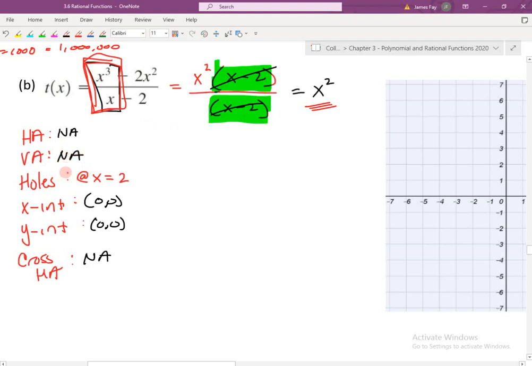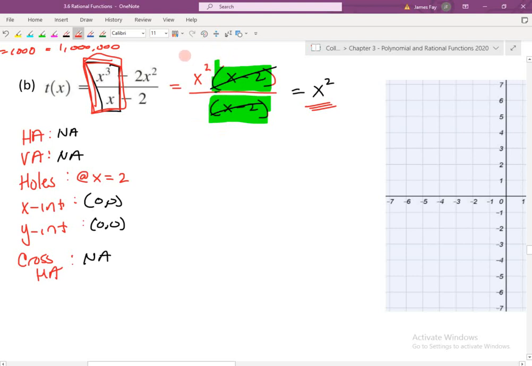We thought we would have a vertical asymptote at 2, right? But because there was cancellation, the hole overrides that. And that's because of the way we evaluate what's left over when we cancel and we evaluate close to 2. We don't shoot off to positive or negative infinity like we do near an asymptote.